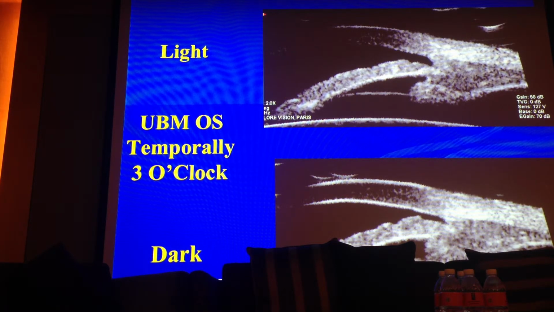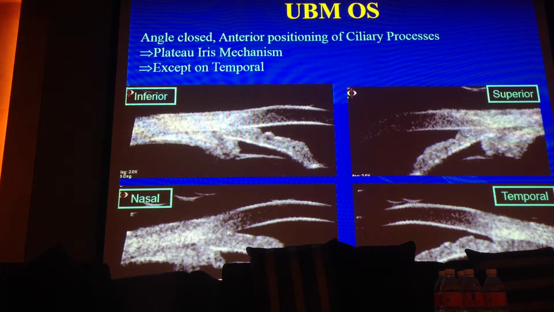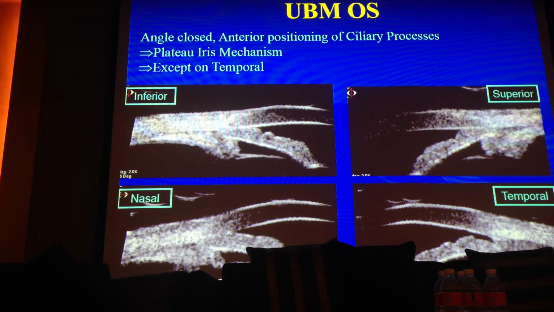So we looked at this patient, and one thing that was not completely normal was the black reaction of the ciliary processes. As you can see on the other quadrants, this is a mid-reflective ultrasound response, and there you have an absorption of the tissue, and you have a quite black or dark response of the ciliary processes.